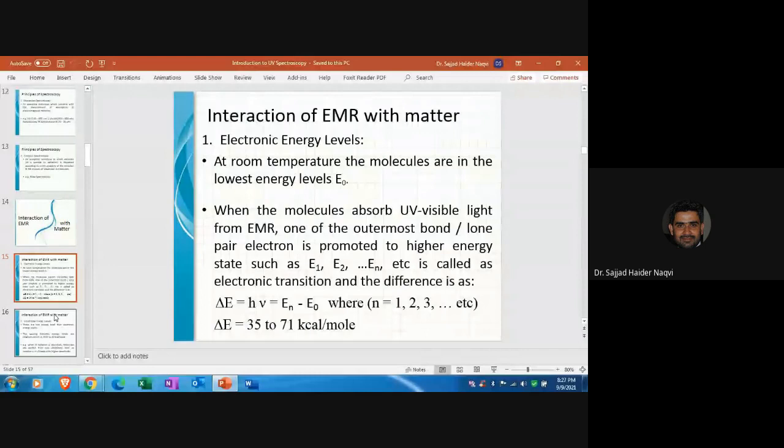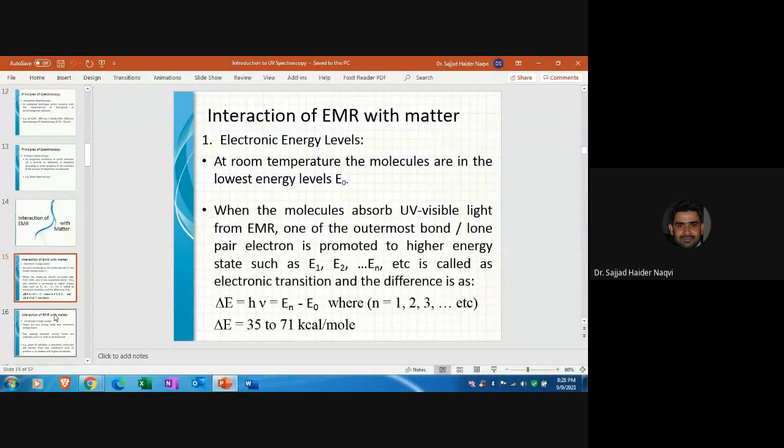So now, let me summarize. When the sample or molecules are at room temperature, they have the minimum energy, the lowest energy, that's E naught. When you pass electromagnetic radiation through the sample, the molecules will absorb some of the radiation.